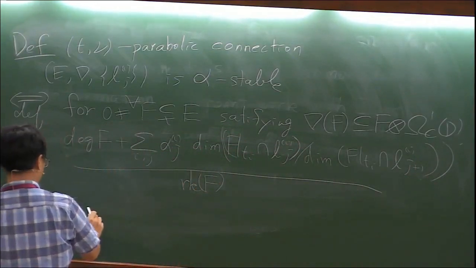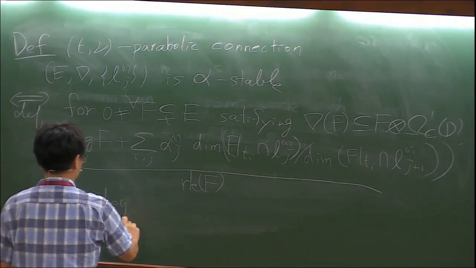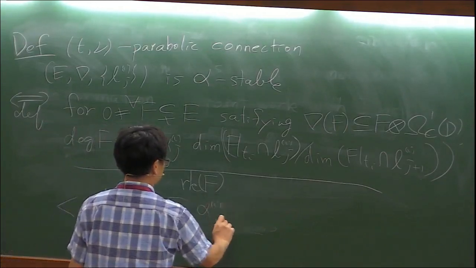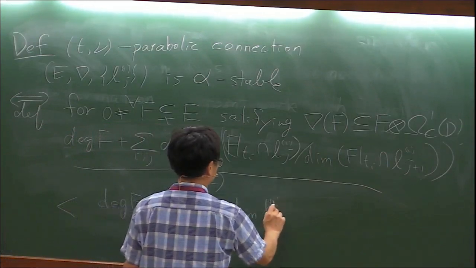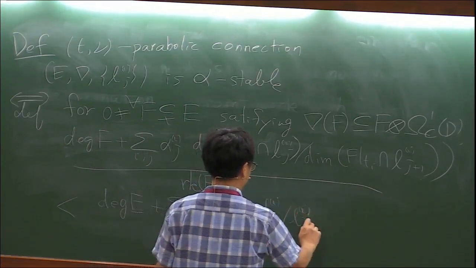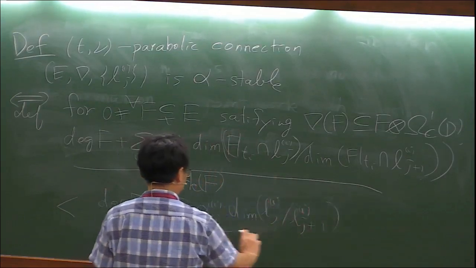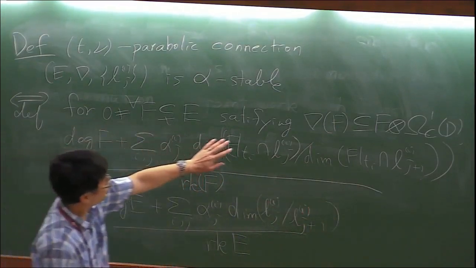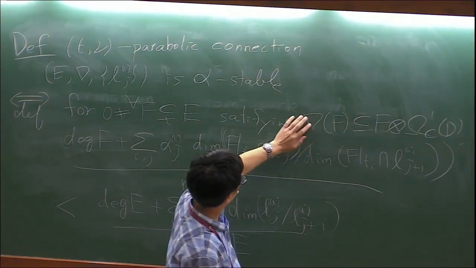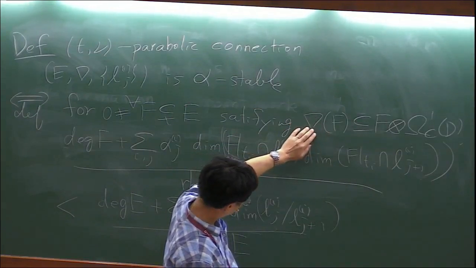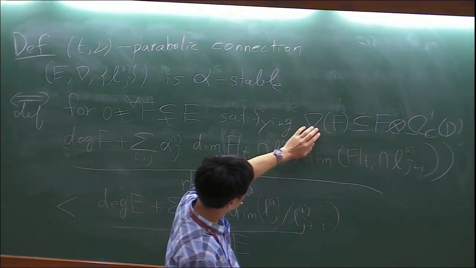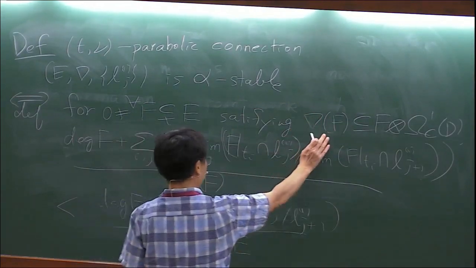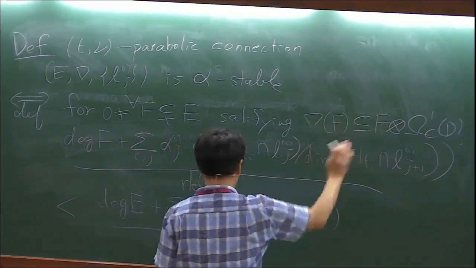is less than the degree of E plus the sum of alpha_ij times the dimension of l_ij over l_ij plus 1, divided by rank r. If F is not preserved by nabla, we don't consider this condition.